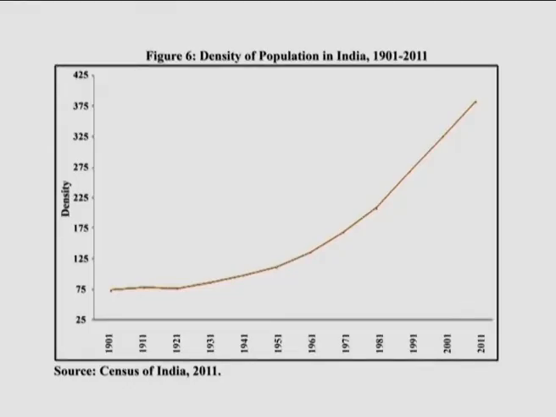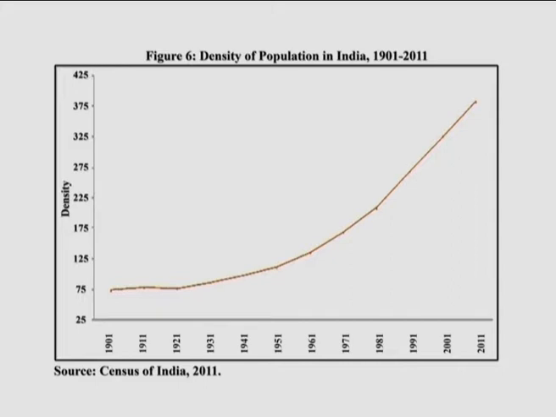The population density of India has gone up to 382 persons per square kilometer in 2011, from 325 persons per square kilometer in 2001 and merely 73 in 1901 and 110 in 1951. The increase in density of population in India can be observed from figure 6.